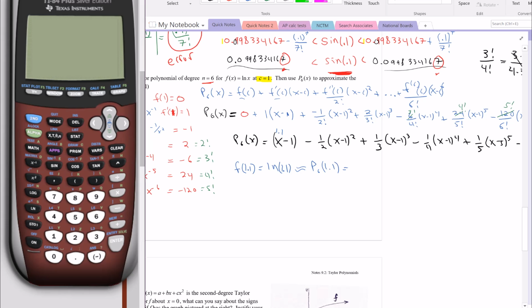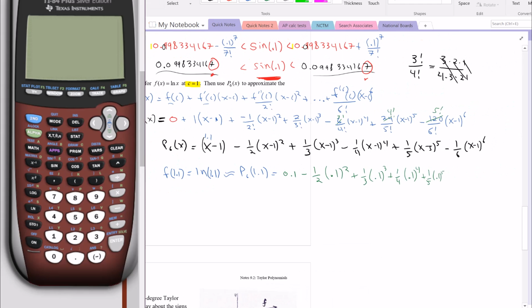So when I do 1.1 minus 1, we're going to get 0.1, minus 1/2 times 1.1 minus 1, which is 0.1 again, squared, plus 1/3 times 0.1 to the 3rd, minus 1/4 times 0.1 to the 4th, plus 1/5 times 0.1 to the 5th. Sorry, there's supposed to be a minus sign in there somewhere. Don't get ahead of yourself. And then the last one is minus 1/6 times 0.1 to the 6th power.